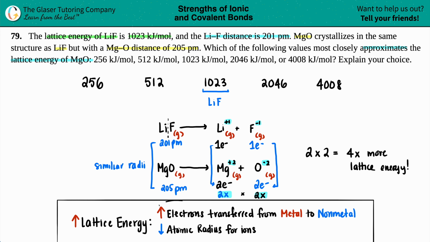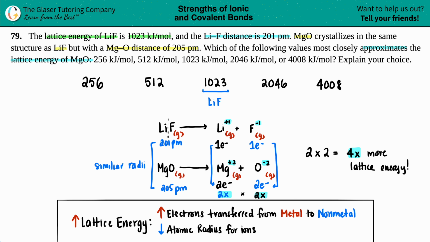Mainly because the more electrons that are transferred, 2 is greater than 1. The more electrons that are transferred, the more the lattice energy. So we're looking at roughly 4 times more than what the lithium fluoride was. And the lithium fluoride was roughly 1,000.